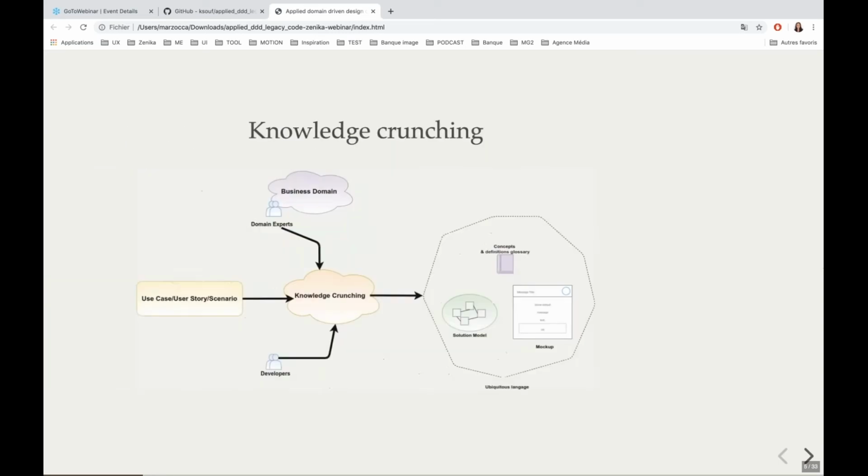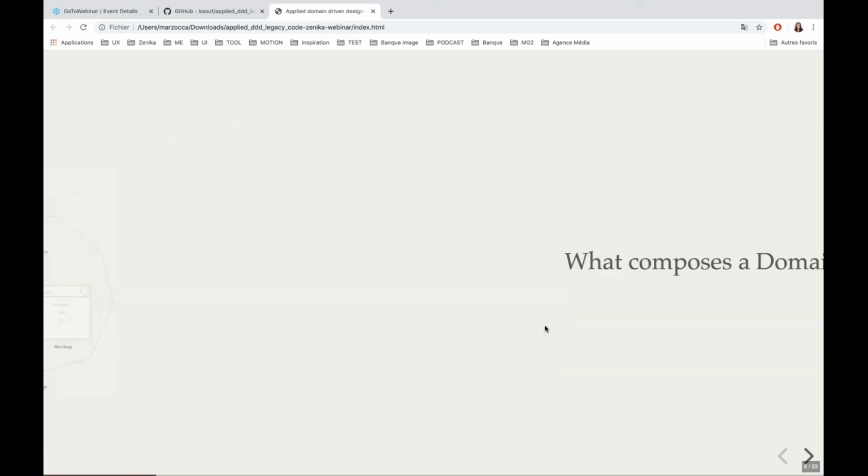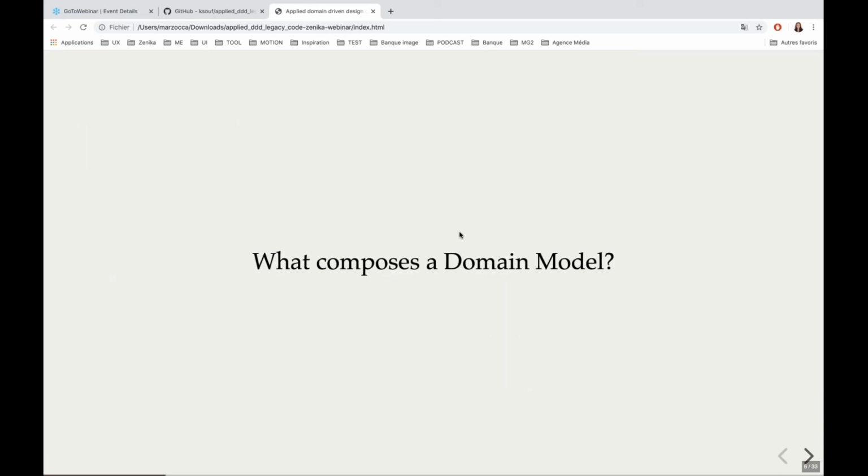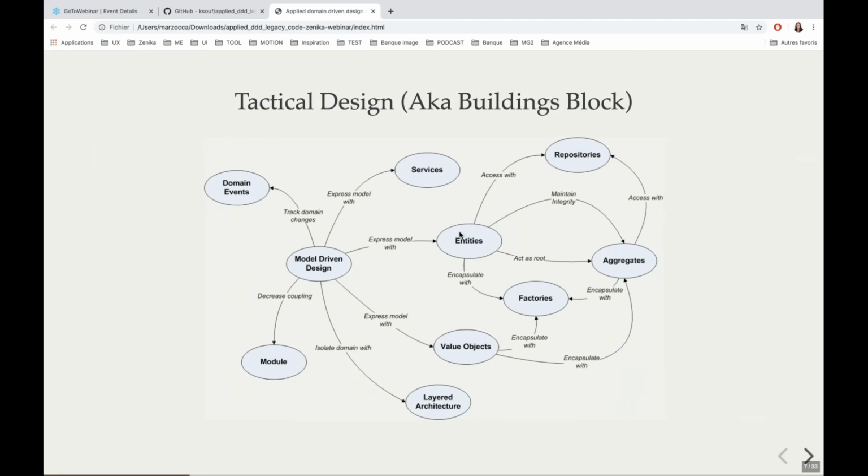So when you are talking about the solution model, what is actually composing it? Usually, at the heart of the model itself, we have two kinds of concepts that you need to know. The value object is a structure that contains values, that is immutable, that hasn't an identity, or actually, let's say its identity is all the values that it has.